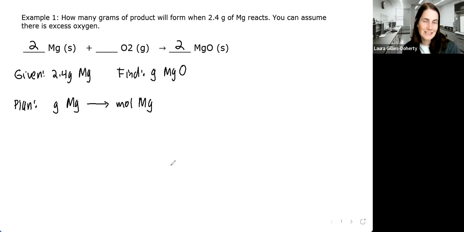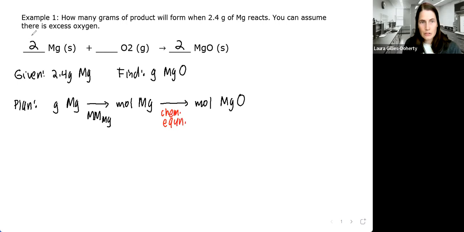And we've already done this calculation back in chapter 6. To go from grams to moles, we use the molar mass of magnesium. And then we're going to go from moles of magnesium to moles of our product, magnesium oxide. And this is where we're going to use the balanced chemical equation.